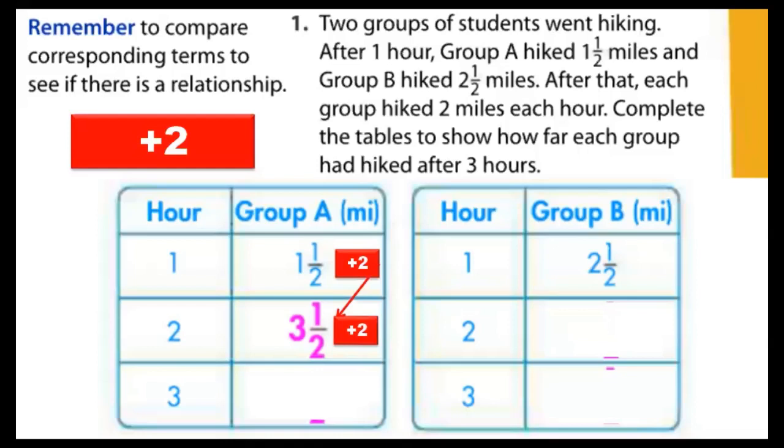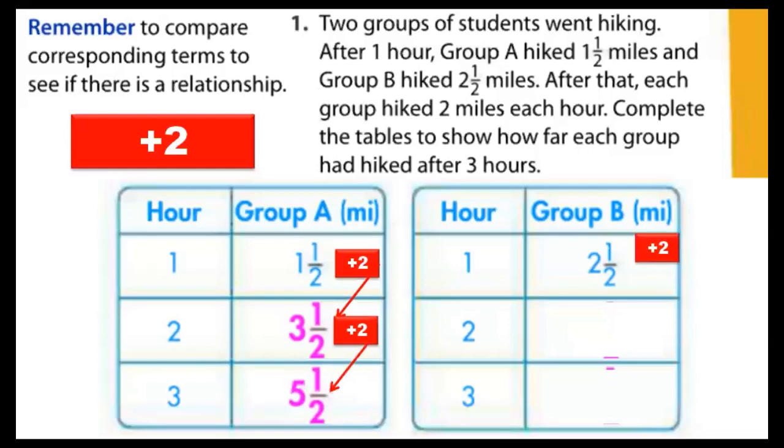From where do you get that? 1.5 plus 2 equals 3.5. Then 3.5 plus 2 to get the amount in the third hour: 3 plus 2, don't add the fraction, just add the two whole numbers. 2 plus 3 equals 5 and drop the half as it is. It will be 5.5. Now the first table is ready to answer any question.